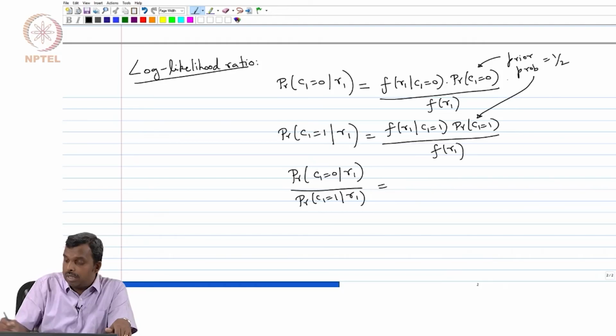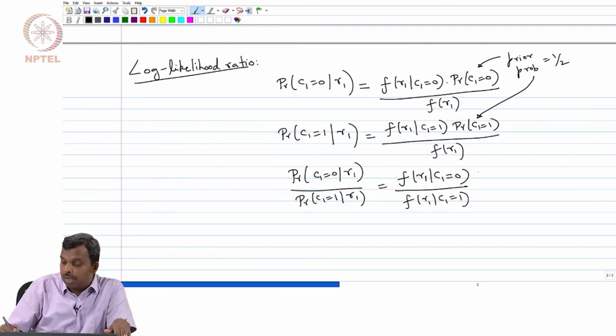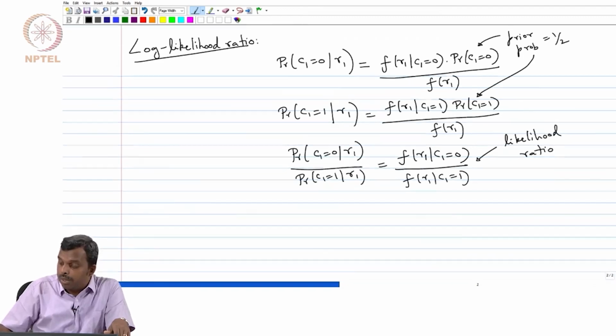Under this assumption of half probability, I simply get the ratio of the likelihoods. So this is the ratio of the posterior probabilities, and this is the ratio of the likelihoods. This is called a likelihood ratio, and one can compute this quite nicely.